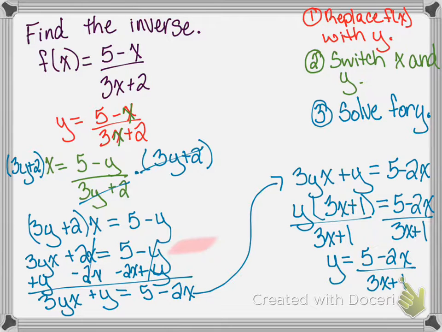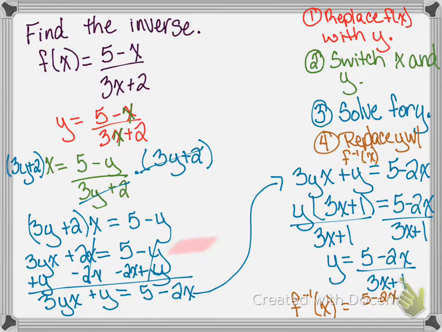I've got one more step, but it's nothing compared to what we just did. What's my last step? Replace y with f inverse of x. So then I have f inverse of x equals 5 minus 2x over 3x plus 1.